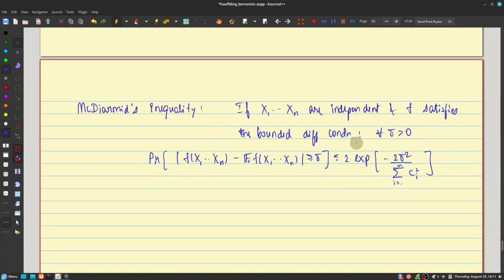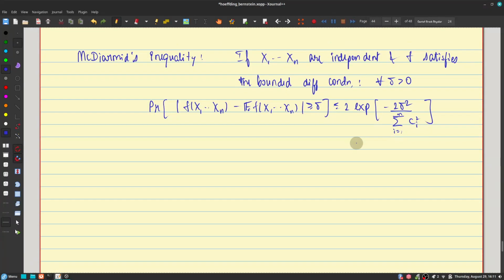Okay. So in fact, even if we have a slightly relaxed condition, which is a little more relaxed, the summation i equal to 1 to n of f of x1 through xn minus the infimum over all possible xi prime.